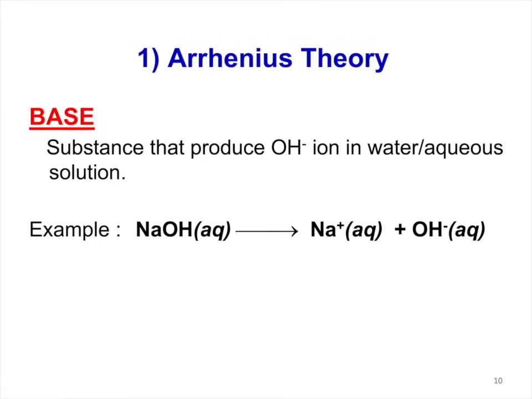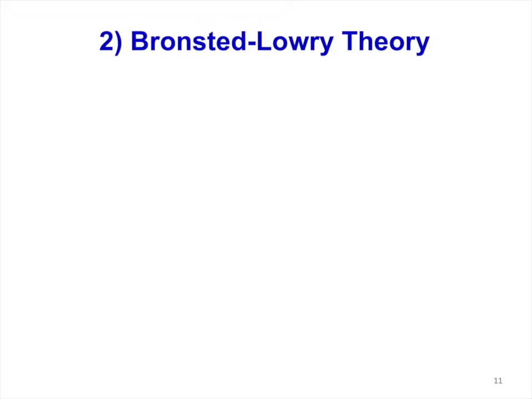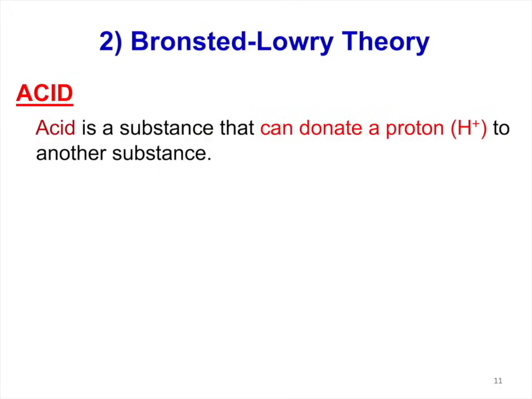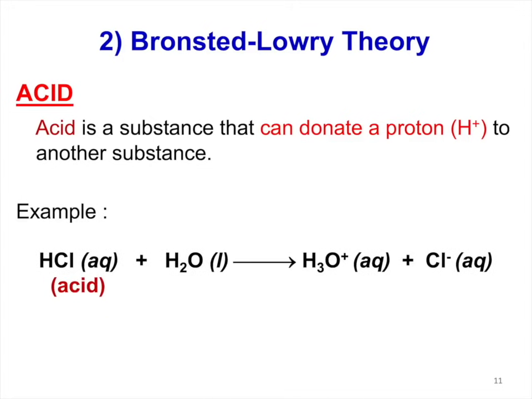Next, we are going to define acid based on Bronsted-Lowry theory. Acid is a substance that can donate a proton H+ to another substance. For example, HCl + H2O to form H3O+ Cl-. So HCl here is an acid, so it donates its H+ to water to form Cl-.